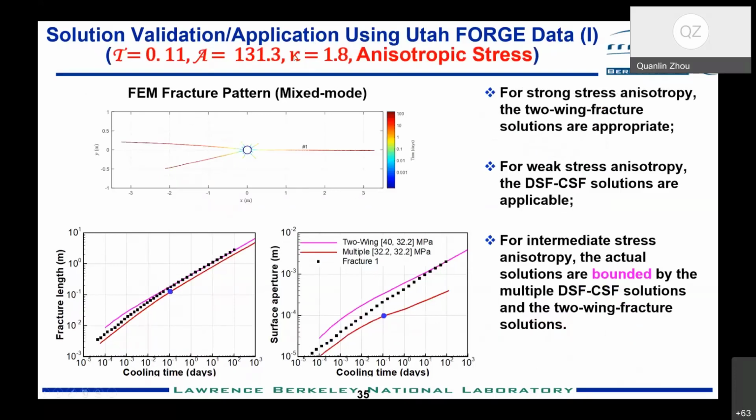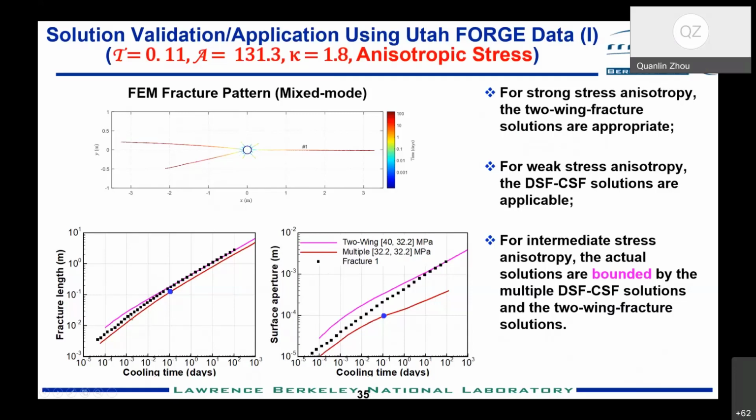But now, for the site-specific stress anisotropy, we did the finite element modeling, and you can see the pattern at late time, but at early time you have multiple thermal fractures.